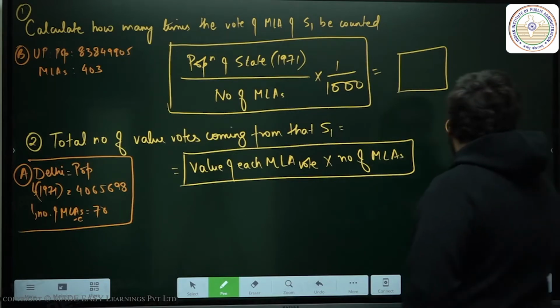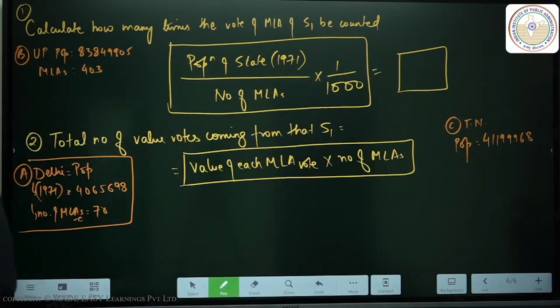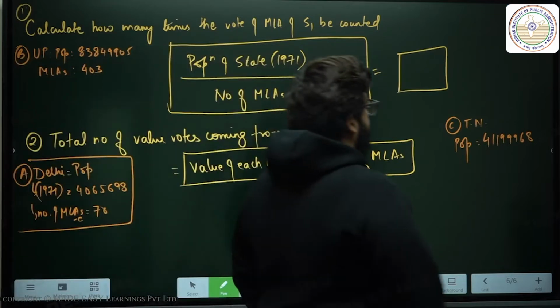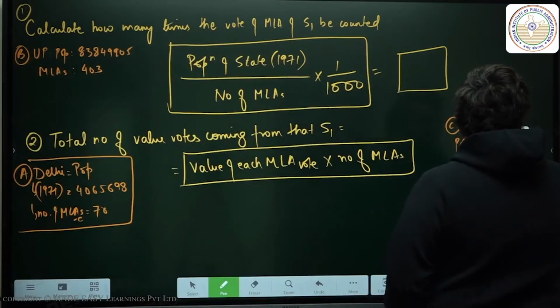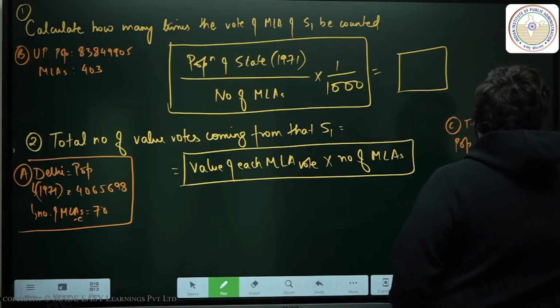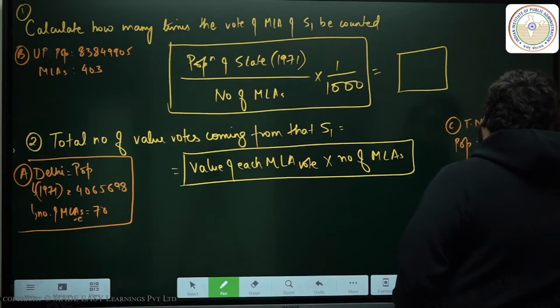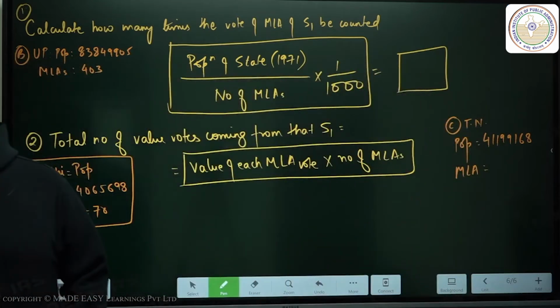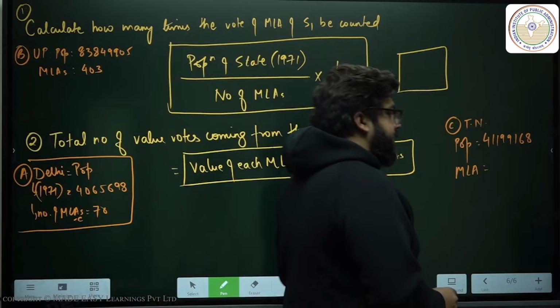Sorry, I'll just check this number again. 411,99,168. And Tamil Nadu has approximately 234 MLAs.